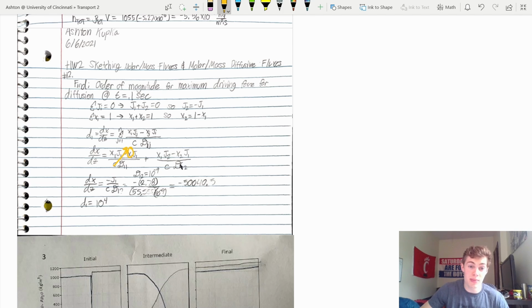And since we know our Stefan-Maxwell constant of a liquid is going to be 10 to the negative 9th, we have that solved for.